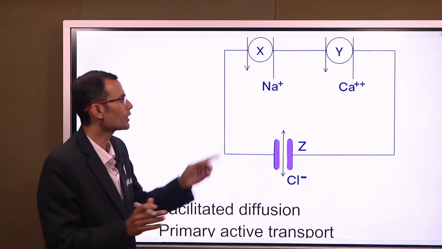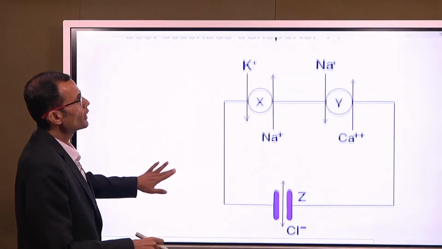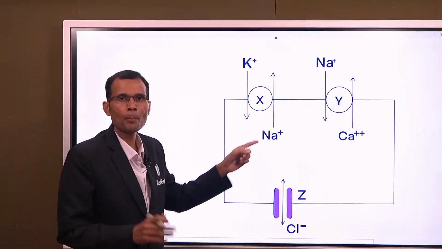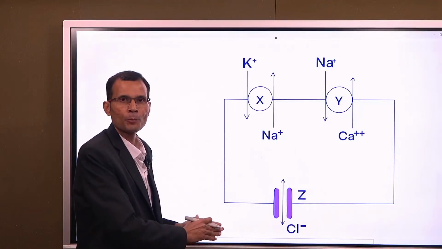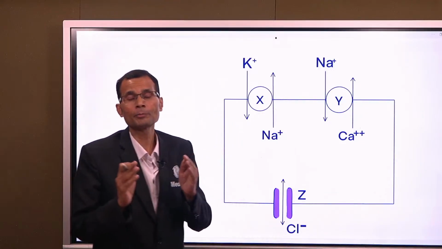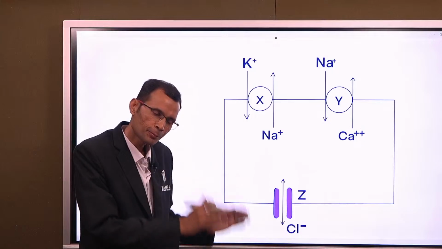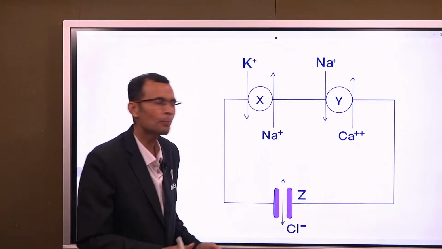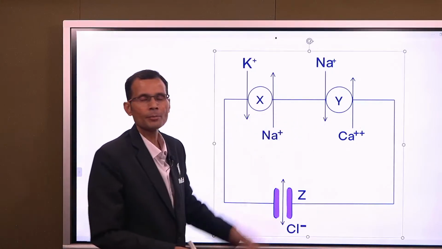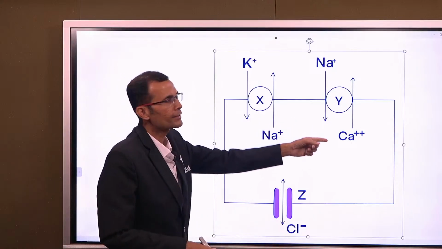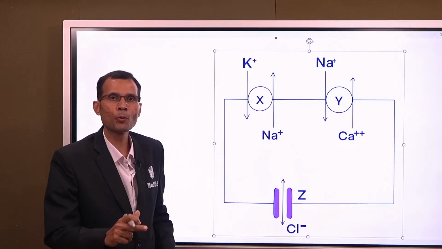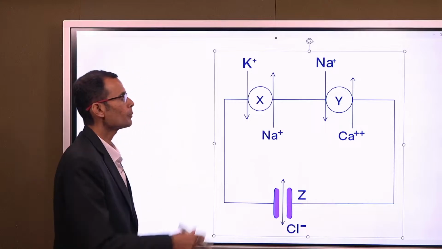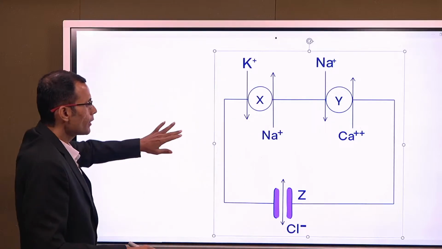What is transporter Z? So the sodium potassium pump is a primary active transporter, and the transport protein is an ATPase or pump. Then the sodium calcium exchanger is secondary active transport, counter transport, seen in the myocardial cell.